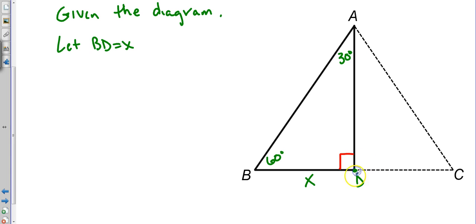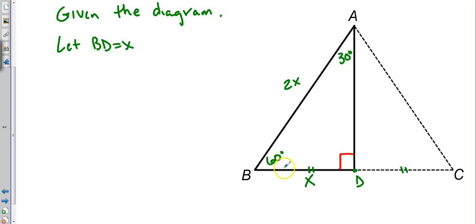So essentially, we know that BD is going to be congruent to DC, and if we double that, we know that BC is going to be congruent to AB and AC. In other words, all of the whole side lengths of this equilateral triangle are going to be congruent. So if you chop it in half, and this is X, then AB is going to be 2X.